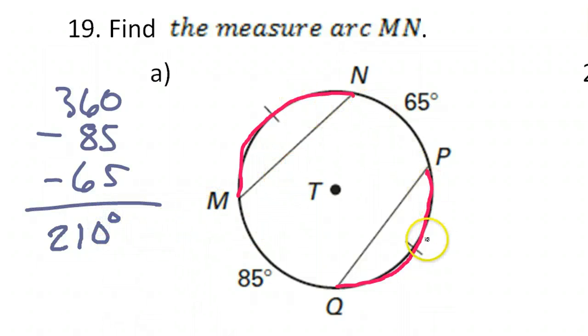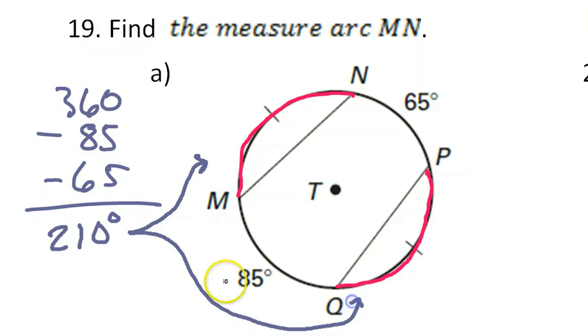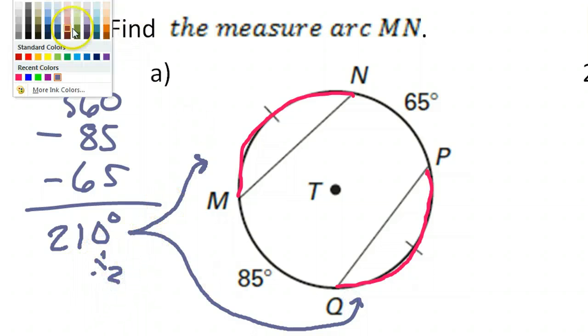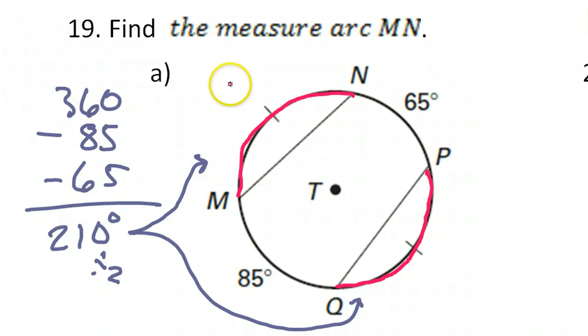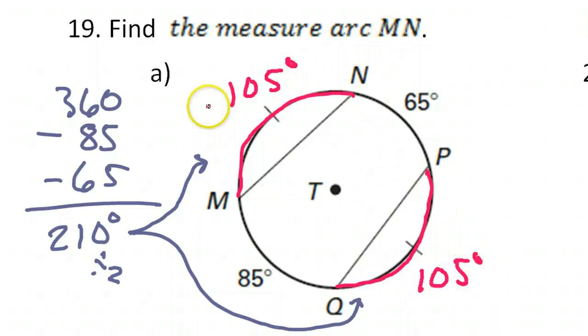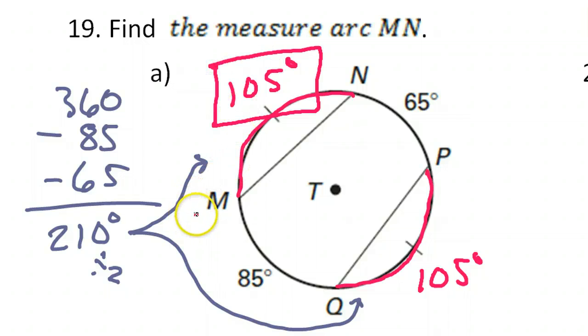Alright, so there's 210 degrees left in the circle, but since we know that these two arcs are congruent, this 210 degrees will have to be shared equally between the two arcs. In other words, divide this by 2. So that's why the two arcs will be 105 degrees each. Okay, so that's why the answer to number 19 is 105 degrees.